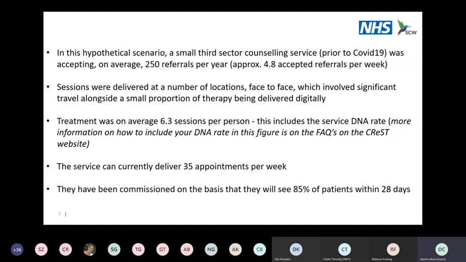So 250 referrals per year is the demand, a combination of the 6.3 sessions on average for each of those. The service resource is 35 appointments per week, and the service standard is that 85% of patients want to be seen within 28 days. In fact, the provider will be breaching their contract if they don't.